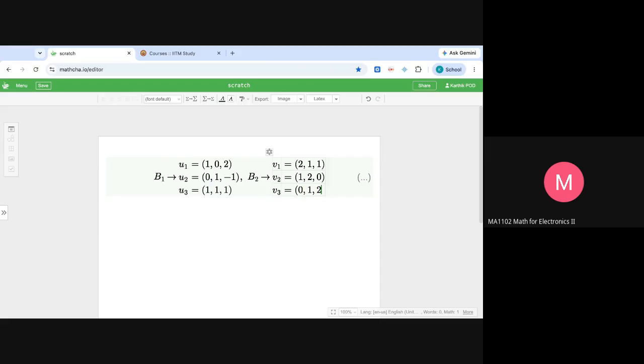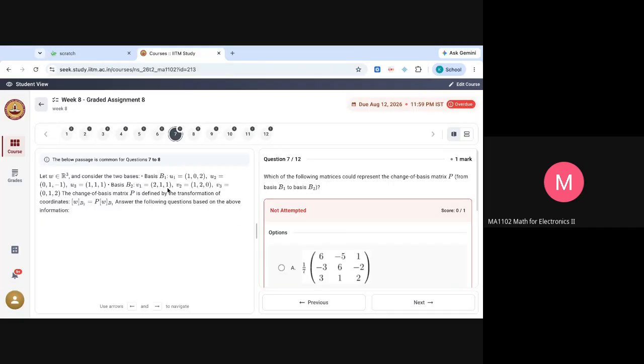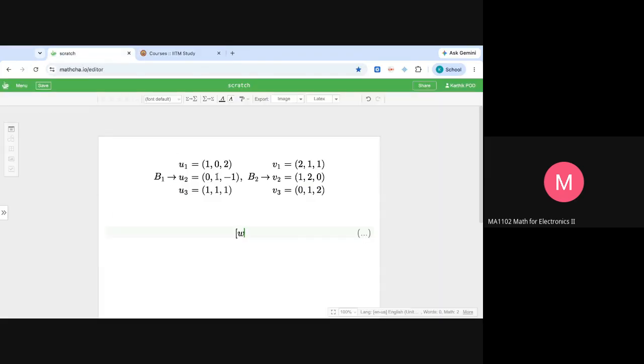What we have been asked to do is find the change of basis matrix defined by the transformation from B1 to B2. So if you input in basis B1, you will have to go to B2.